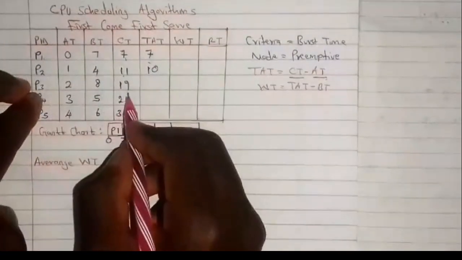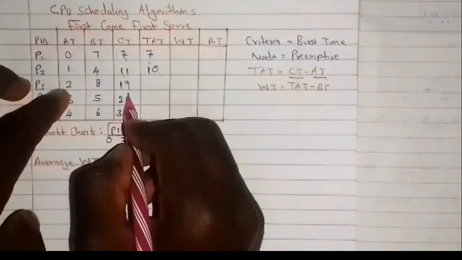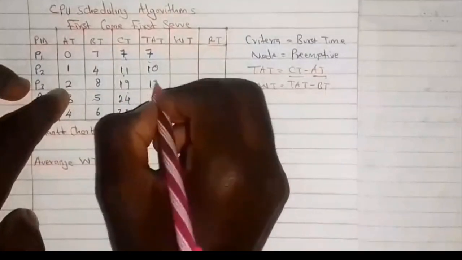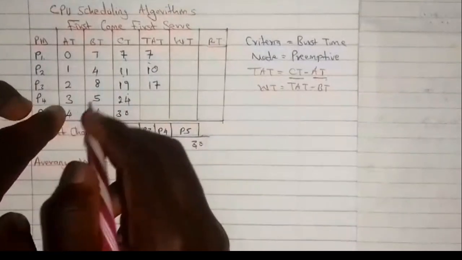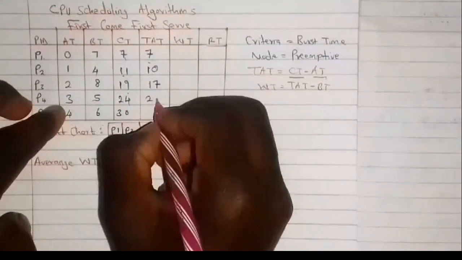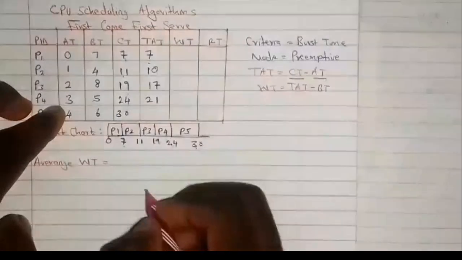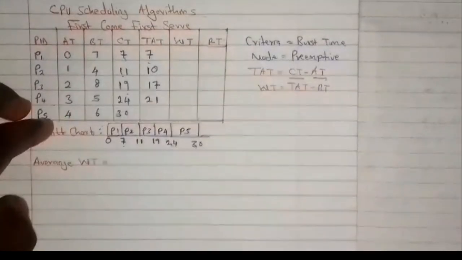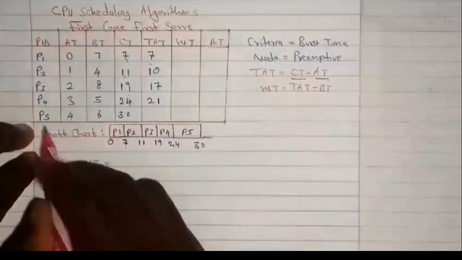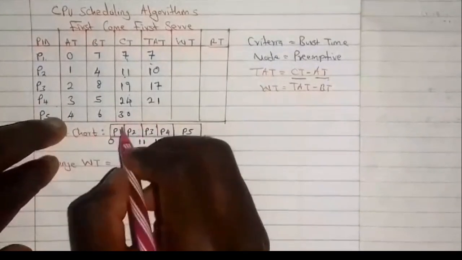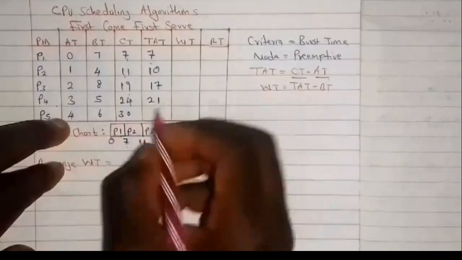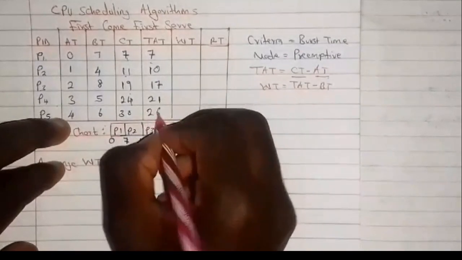P3 has a completion time of 19 minus 2, it will go by 17. And then P4, 24 minus 3, it will go by 21. And then P5, completion time of 30 minus arrival time of 4, you'll get 26.